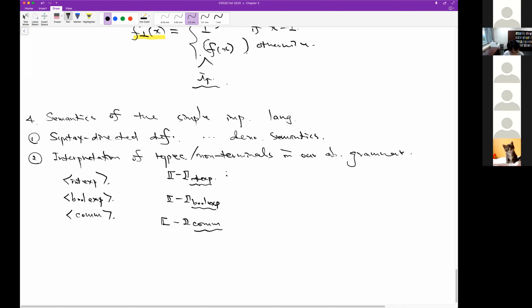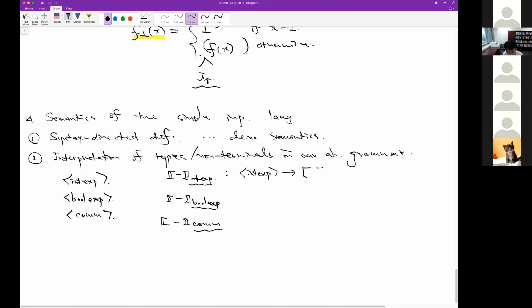So the first one will take an integer expression and return something. By specifying the space, I mean identifying what the target space should be. That's quite an important part, the most important part of the semantics, of the process of giving a denotational semantics.